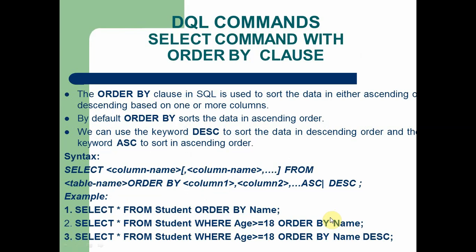So there are only two orders, one is descending and another one is ascending order. If you want to display the name in either ascending or descending order, you may use the order by clause. In the example you can see select asterisk from student order by name. It means all the records from student are displayed to the user based upon the field name in ascending order.